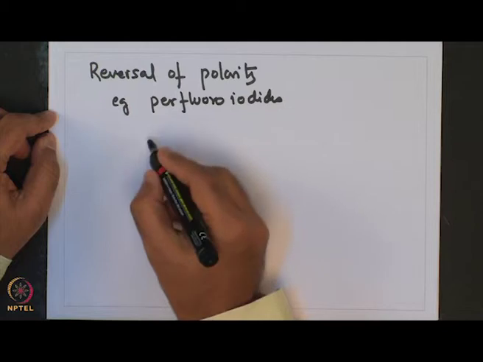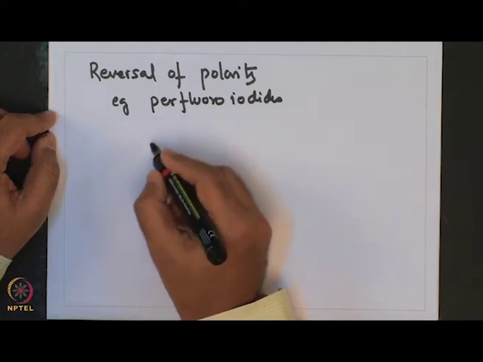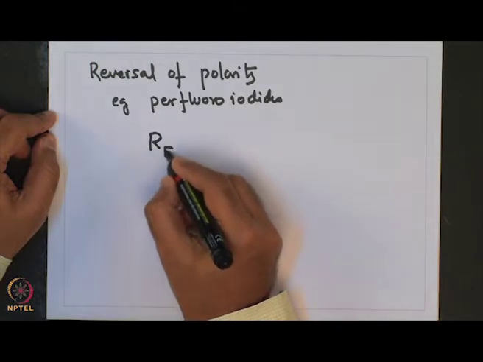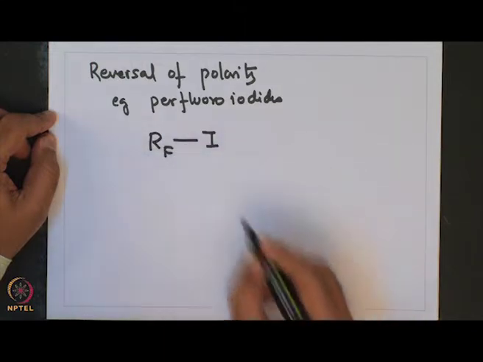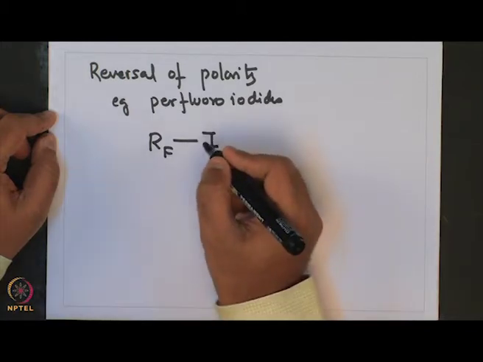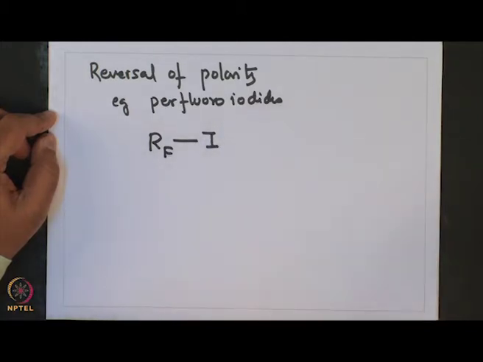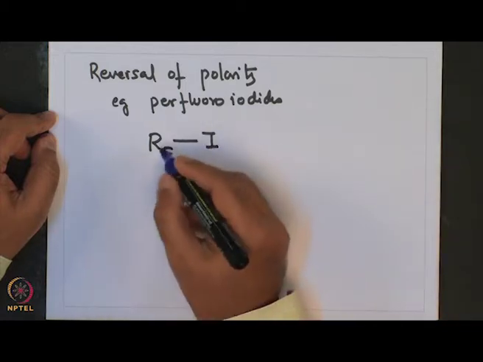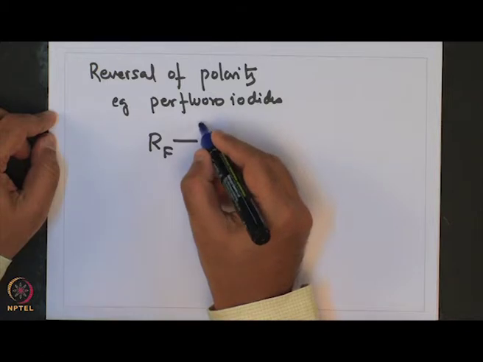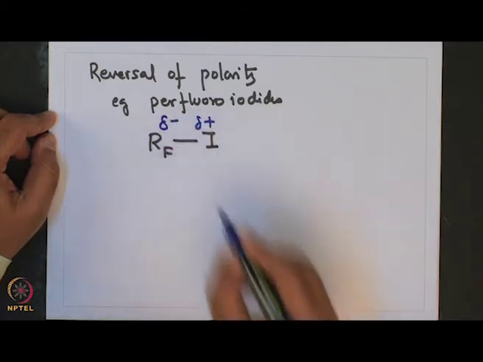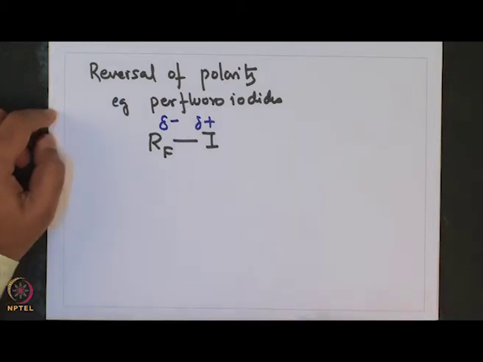For example, a perfluoroiodide would have the polarity in the R_F–I bond as iodine having the delta positive and the R_F having the delta negative charge.